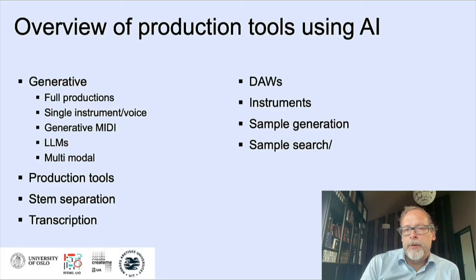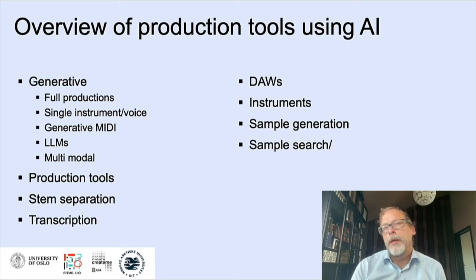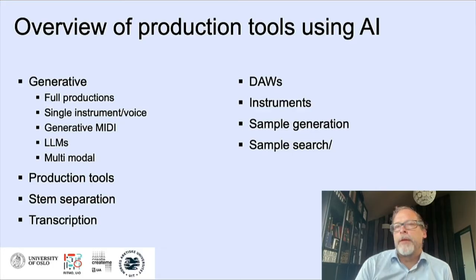You have sample generation AI tools that can create sounds or samples from prompts, or you can adjust existing sounds to fit a given prompt. These are a combination of generative tech and also some kind of library search. Some of these tools find sounds and modify them to fit, for example, a tempo or a pitch that you request.